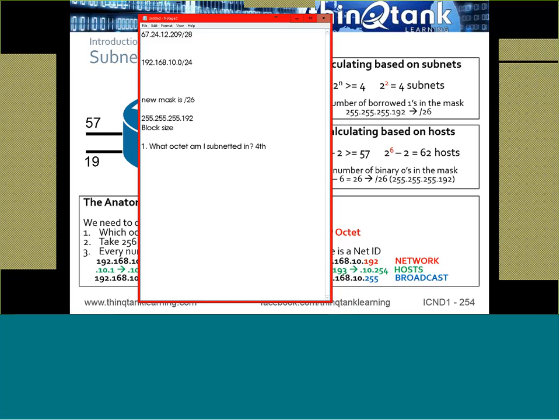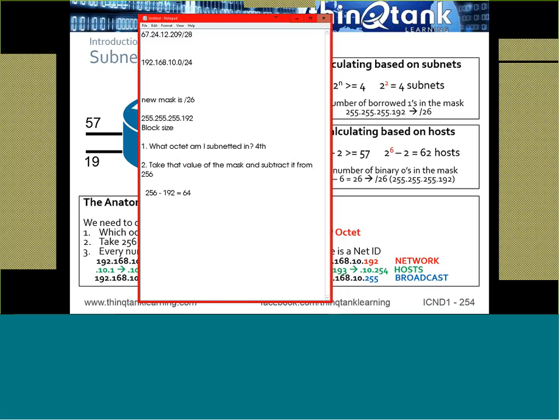Step 2, take that value of the mask and subtract it from 256. 256 minus 192 equals what? 64. This is where the magic happens.